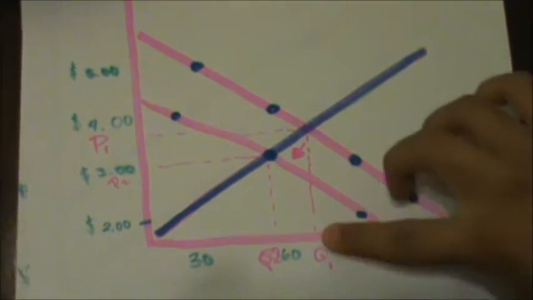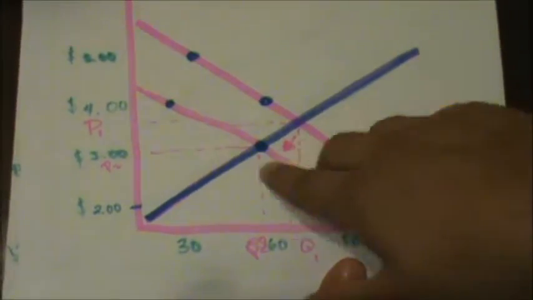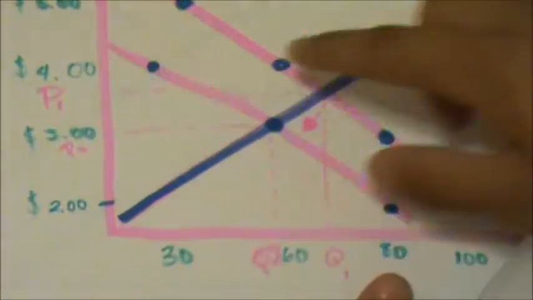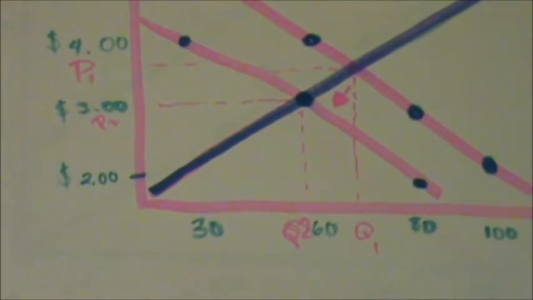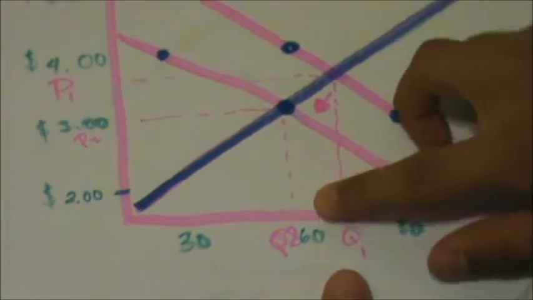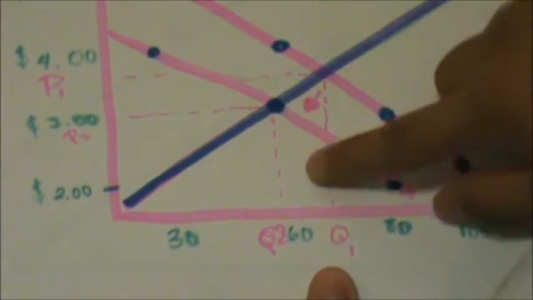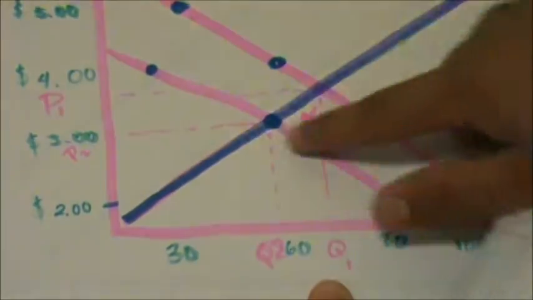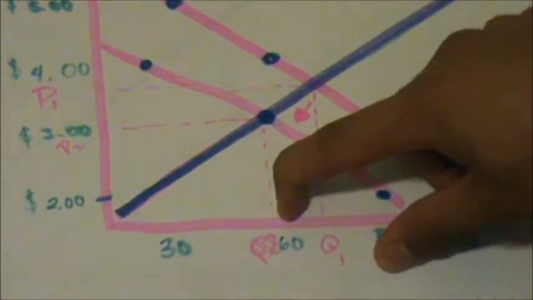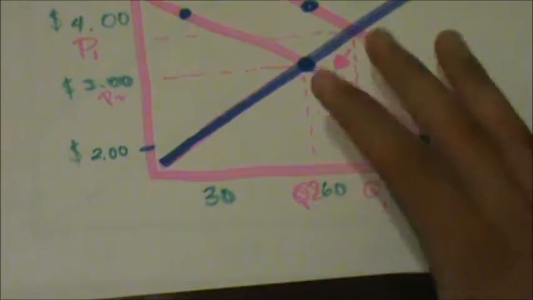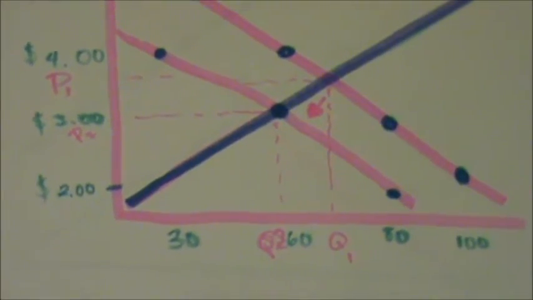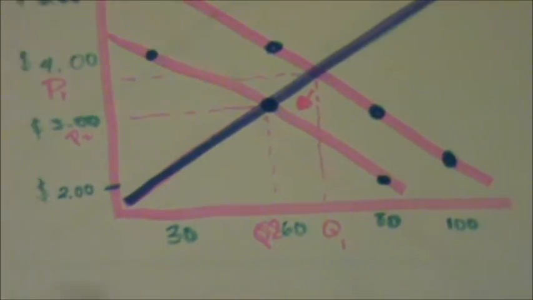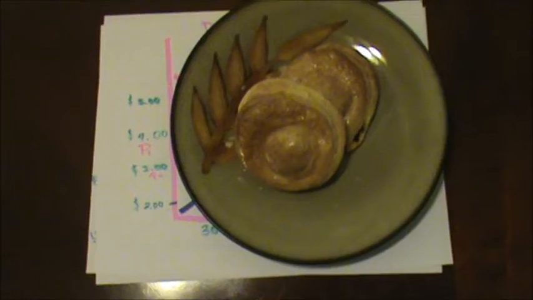So this is our regular equilibrium, where the price would be $3.50 and quantity would be 70. Now our equilibrium would be $3. This is our P2, $3, and our quantity would be 60. So this is our determinant of demand graph.